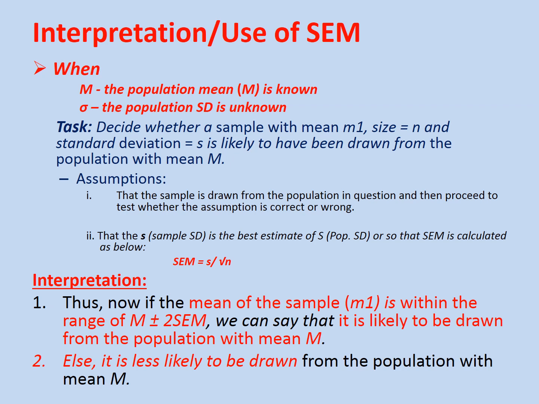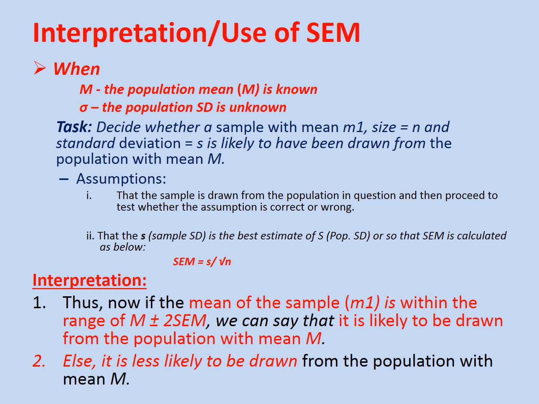How do we get two values? Mean plus or minus 2 SEM gives us a range. Mean minus 2 SEM gives one value, and mean plus 2 SEM gives the other value.